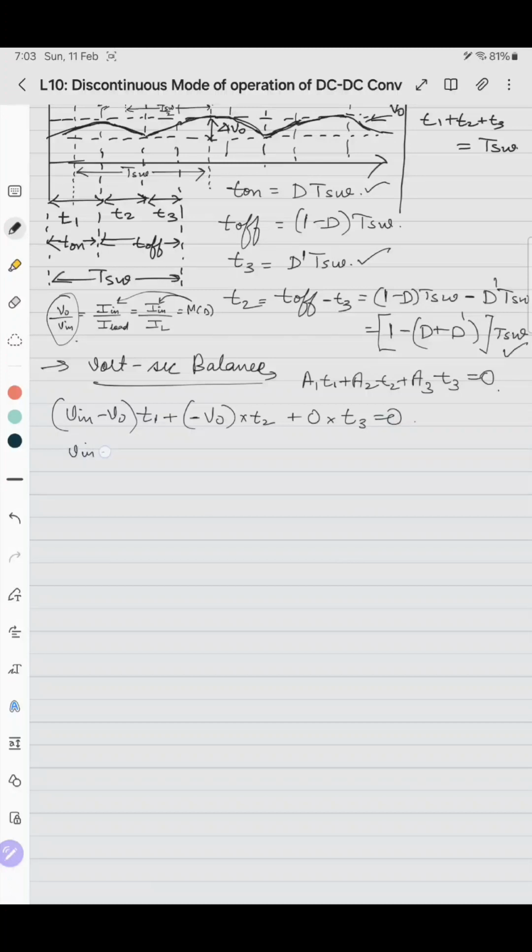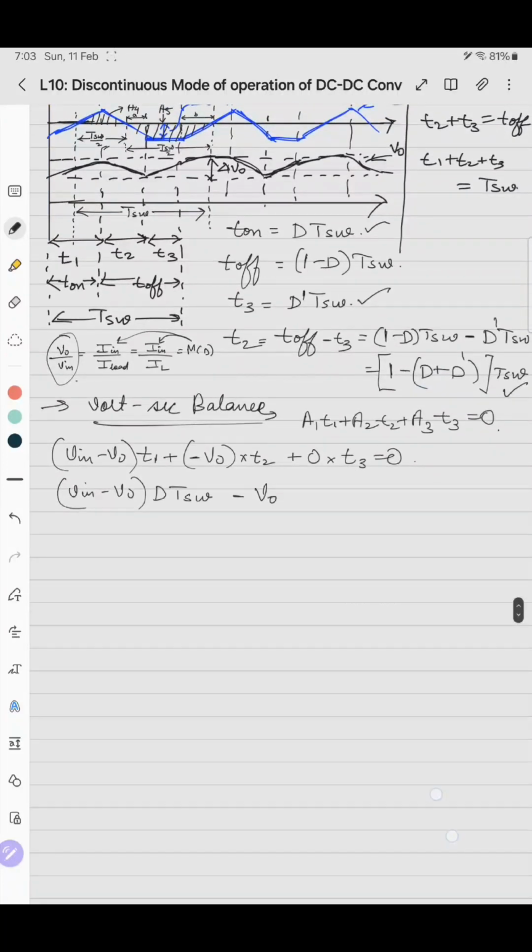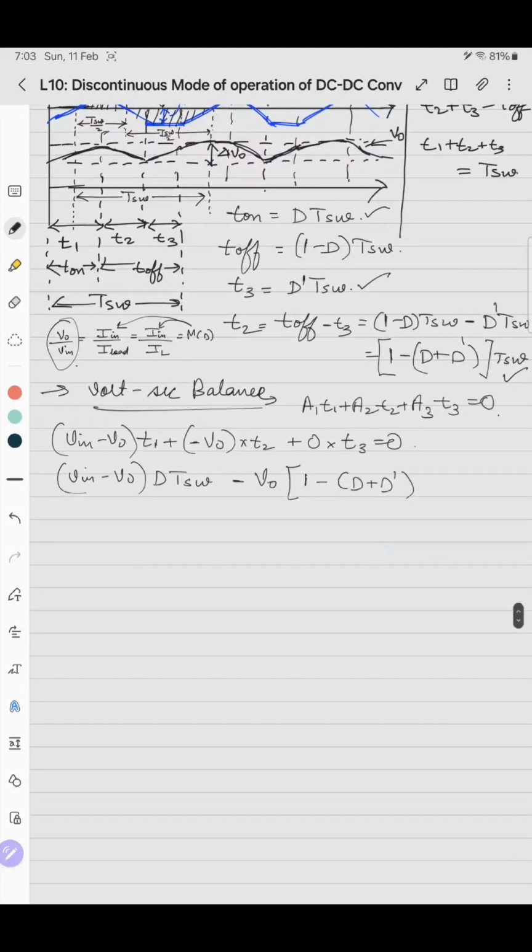So now substitution, V in minus V0 into T1 is D, capital D into T switching, minus V0 into T2. For T2 we have the big expression, that is 1 minus small d plus capital, means not small d, capital D plus capital D dash whole into T switching equals to 0. I can cancel T switching and then send this V0 term towards the RHS. So in RHS the terms remaining are V in into D equals to V0.